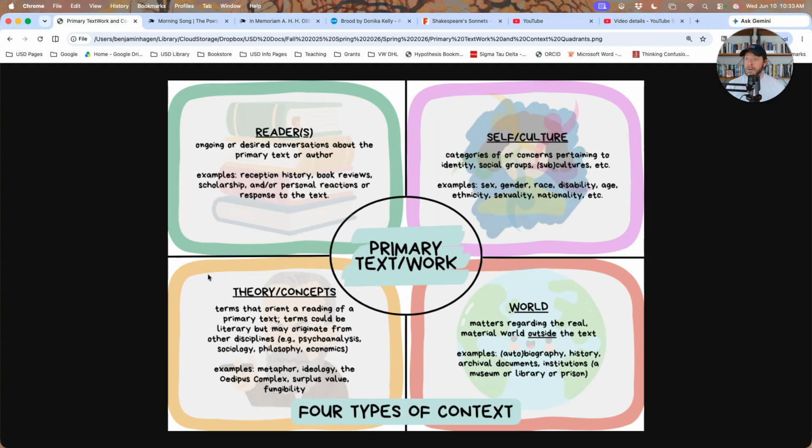And so when I talk about theories or concepts that might orient my understanding of a primary text or a poem, that could be something as simple as metaphor. What is a metaphor? What does that term mean? What's the development of that term? How have literary theorists of lyric explored and opened up our understanding of how metaphor and metaphoricity works?